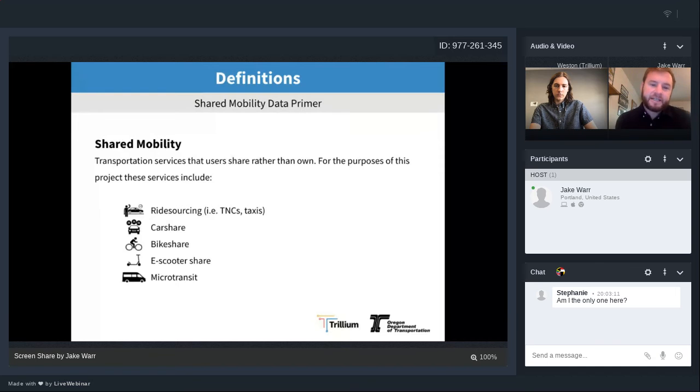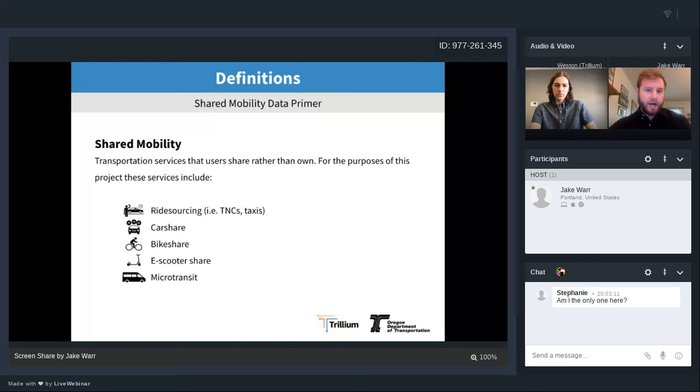Back to basic definitions. I'm sure many of you are familiar with shared mobility, but for the purposes of this project, we're talking about transportation services that users share rather than own, including ride sourcing like TNCs, and even taxis, as taxis are commonly developing apps that let you hail them similarly to Uber or Lyft, car share, bike share, e-scooter share, and microtransit, which has been an emerging mode that enables folks to request rides from smaller vehicles, with routes dynamically created based on the requests that the system gets.